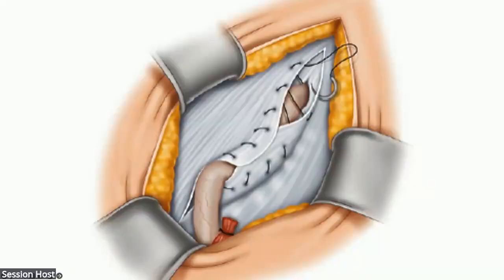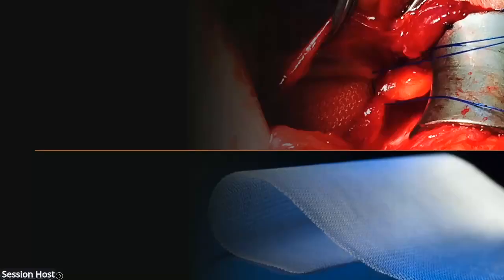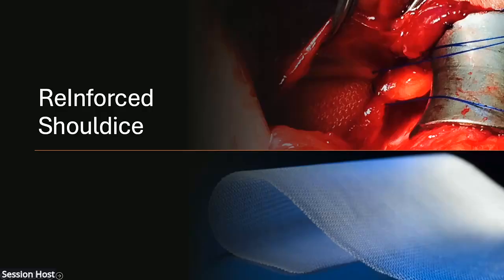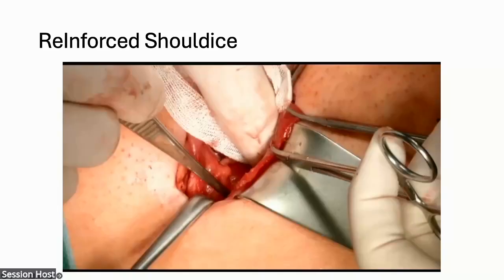And finally, the closure of the external aponeurosis with a running suture. And you can do a preperitoneal reinforcement. For instance, I call it reinforced shoulders, using a long-term resorbable mesh like a Phasix mesh to place it in the preperitoneal space and do the anatomic reconstruction on top of that.